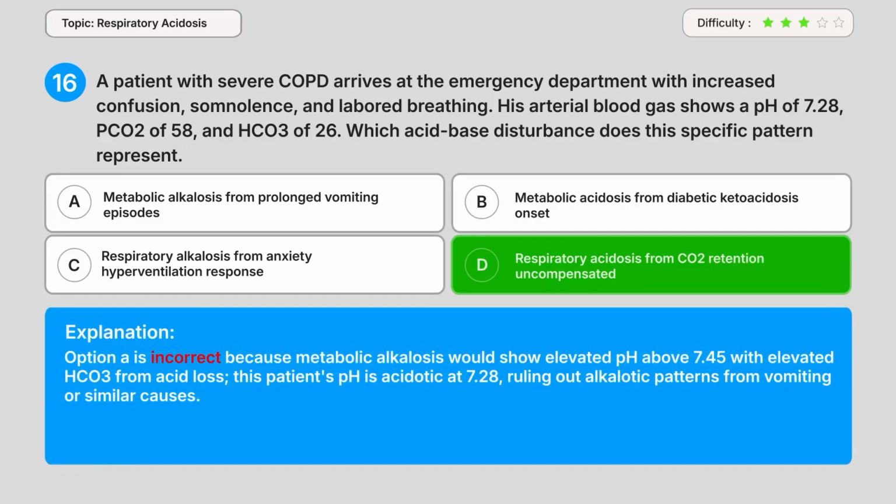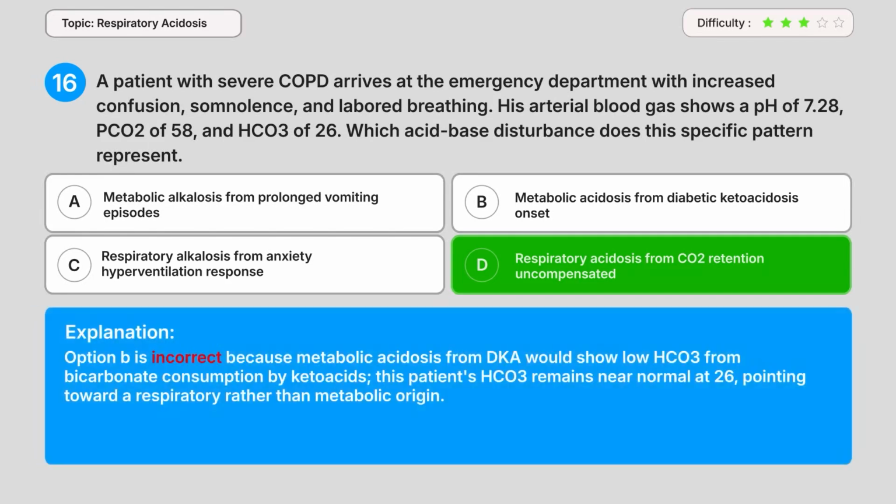Option A is incorrect, because metabolic alkalosis would show elevated pH above 7.45 with elevated HCO3 from acid loss. This patient's pH is acidotic at 7.28, ruling out alkalotic patterns from vomiting or similar causes. Option B is incorrect, because metabolic acidosis from DKA would show low HCO3 from bicarbonate consumption by keto acids.